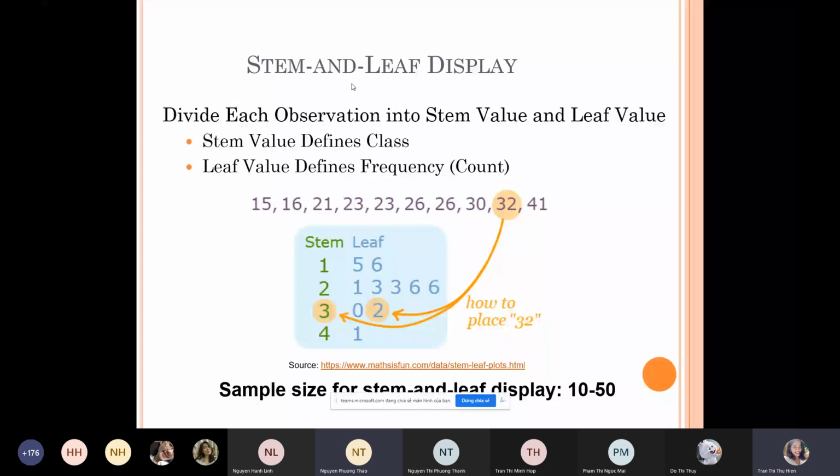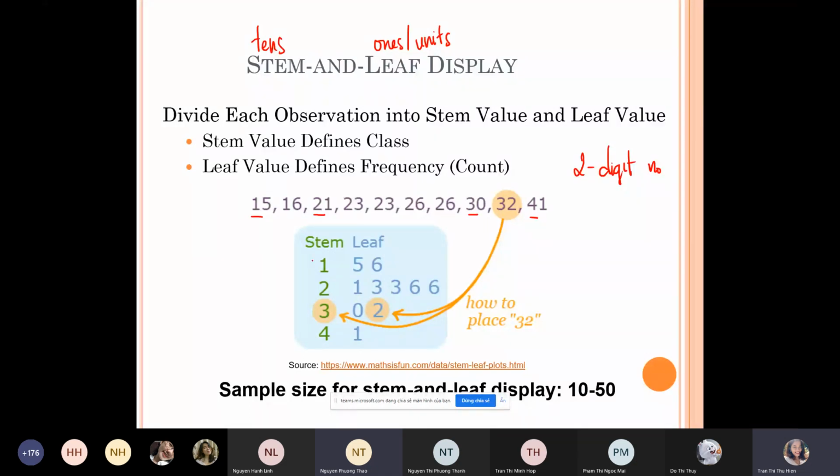First of all, you have to divide each observation into a stem and a leaf value. The stem value defines the class. When you look at the data here, it is a 2-digit number, right? So the stem is the tens digit, and for the leaf we focus on the ones, or unit, digit. Here the stem is 1, and we classify 1, 2, 3, and 4.